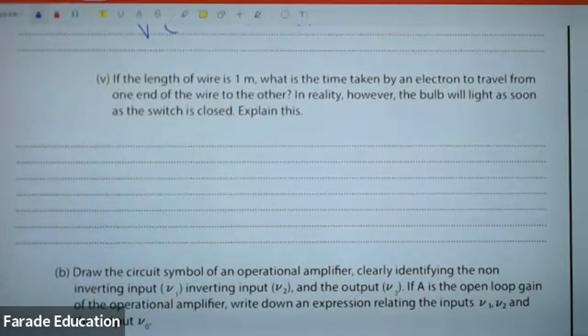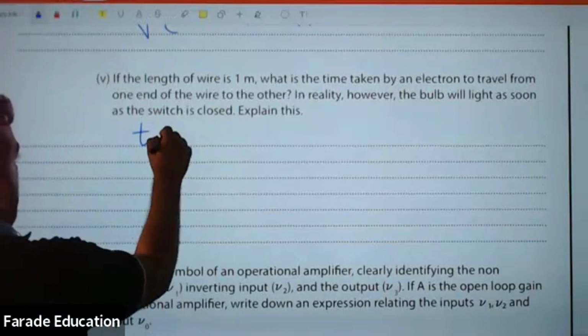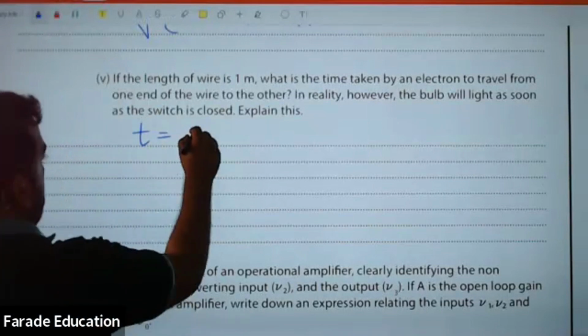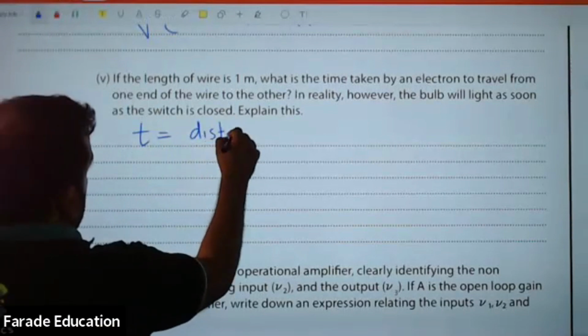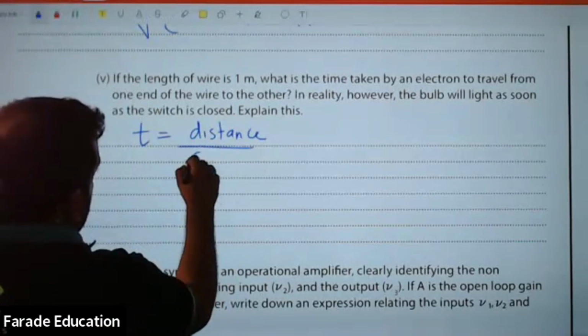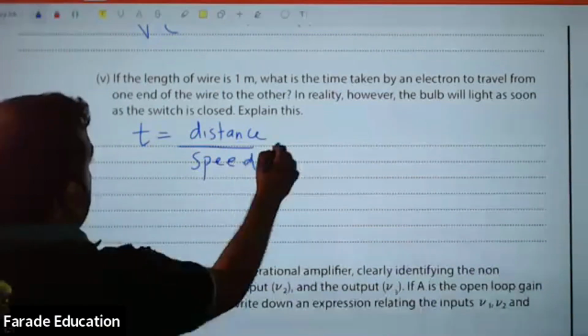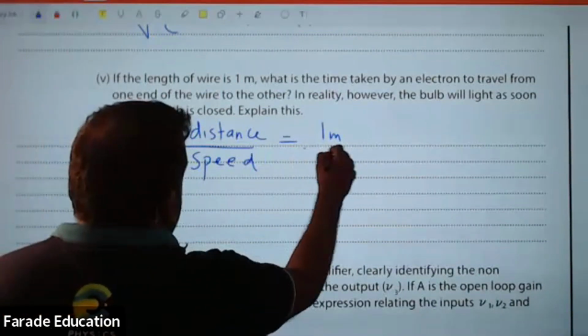Okay, next one. If the length of the wire is 1 meter, what is the time taken by an electron to travel from one end of the wire to the other end? Time taken is equal to distance divided by speed. One end to the other end means 1 meter.